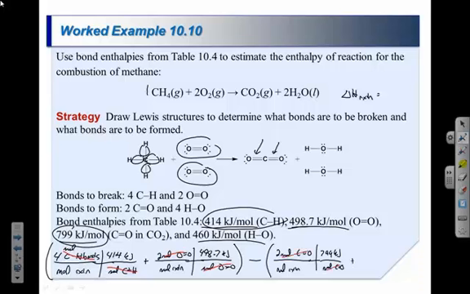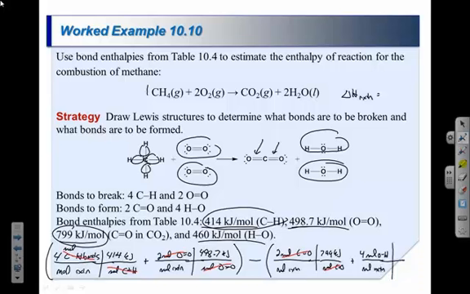And then I'm also going to form 4 OH bonds. So I'm not counting up the number of molecules, I'm counting up the number of bonds here because the energies I have are for individual bonds. So 4 moles of OH bond per mole of reaction.